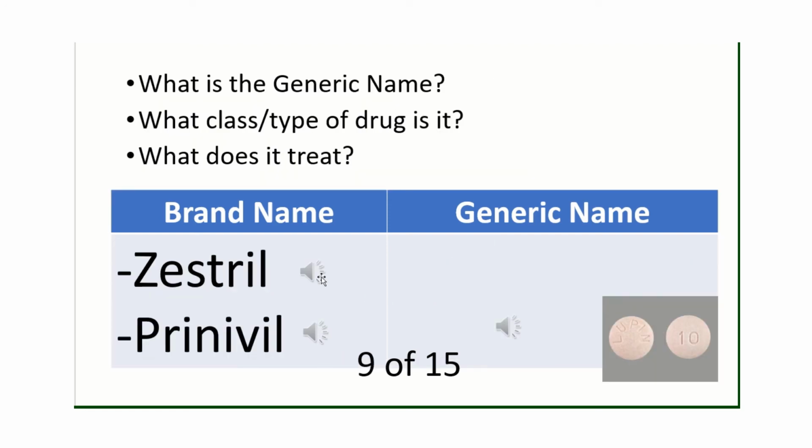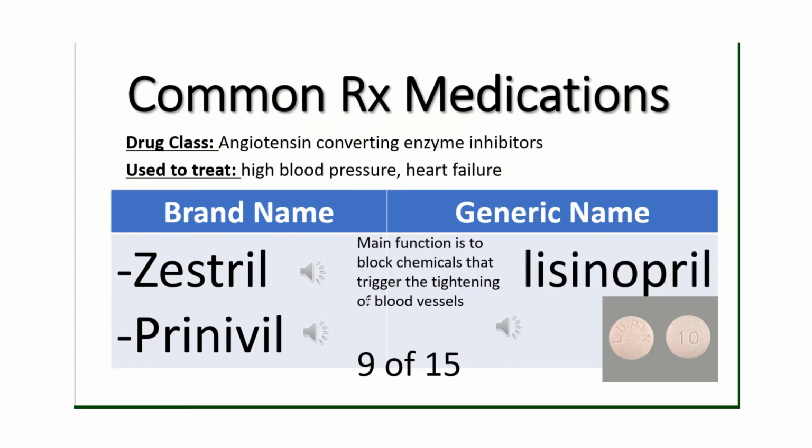What is the generic name for Zestril and Prinivil? What type of drugs are Zestril and Prinivil? What do Zestril and Prinivil treat? The generic name for Zestril and Prinivil is lisinopril.